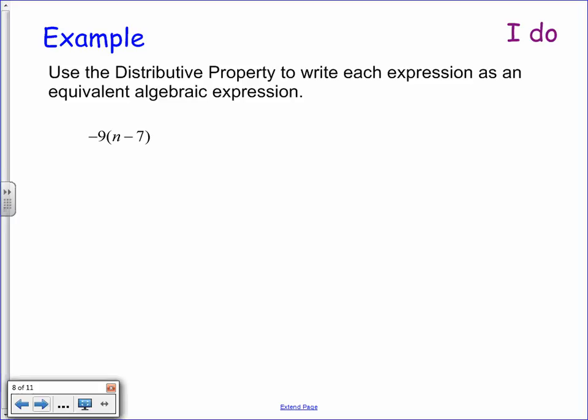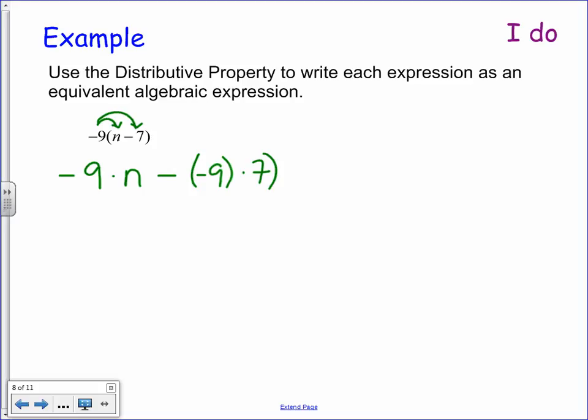Okay, I'm going to do this one. This is the same as last time in the sense that it has a variable in it. And what I'm going to do is distribute this -9 to everything on the inside. So I'm going to have a -9 times n minus a -9 times 7.